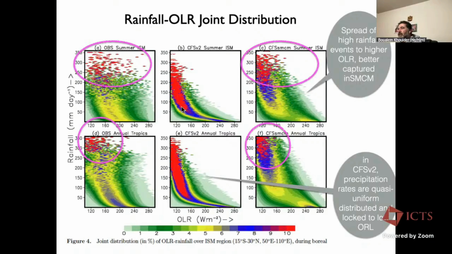In the control model, everything happens at small OLR values, and it's also confined. You have lots of low frequency of low rain events, and then the SMCM really captures better what's happening in the real world.